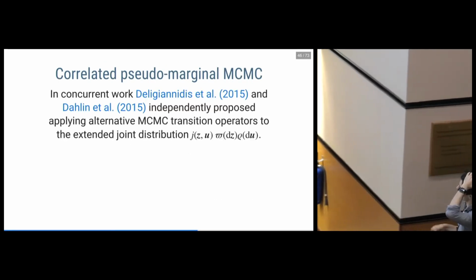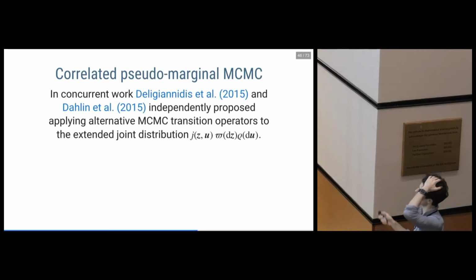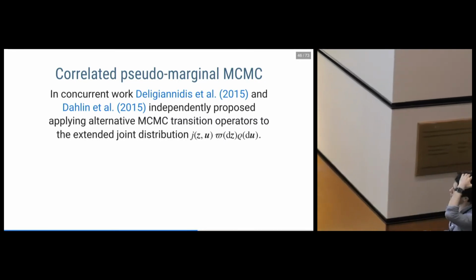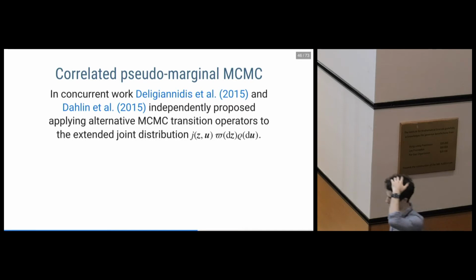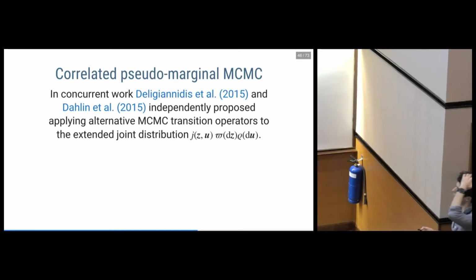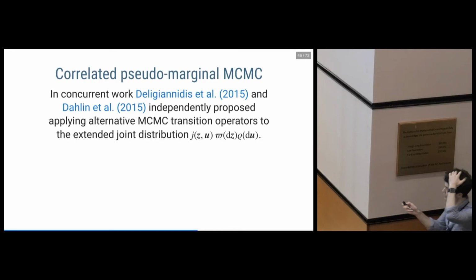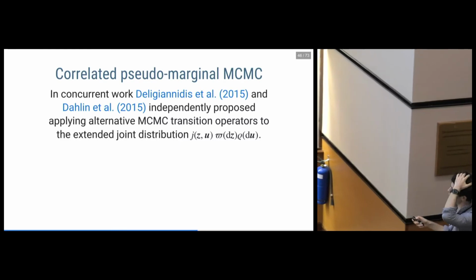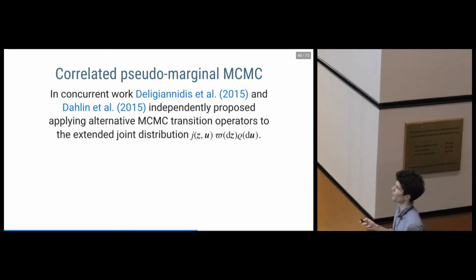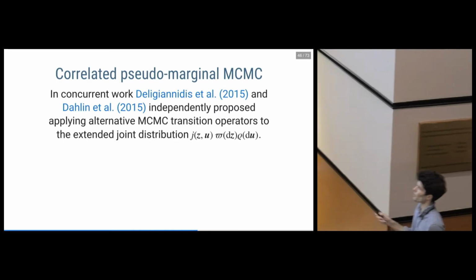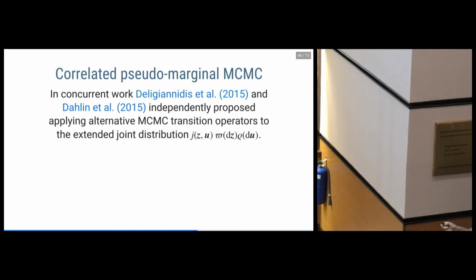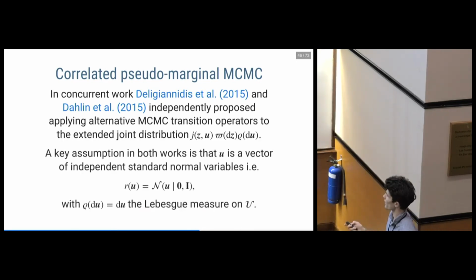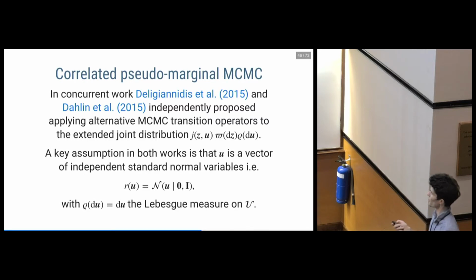So just to point out that this whole auxiliary pseudo-marginal framework, and in particular some of these ideas of applying elliptical slice sampling within pseudo-marginal methods, is very closely related to concurrent work by Deligiannidis et al. and Dahlin et al. on what I'm using here as an umbrella term, correlated pseudo-marginal MCMC methods. These two papers appeared on arXiv in a very short period, and both propose basically the same type of transition operator within a pseudo-marginal method.